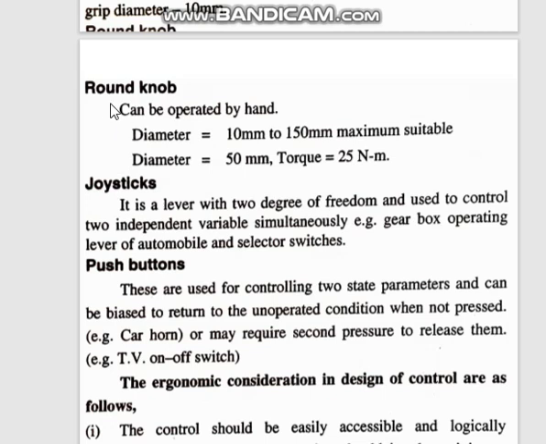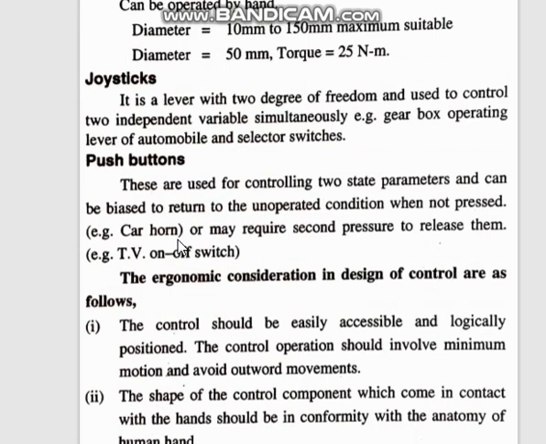And similarly, how a round knob should be, what should be its diameter, and how much force should be required to operate it. Then joystick, how many degrees of freedom it has, like suppose gearbox operating lever of a car.